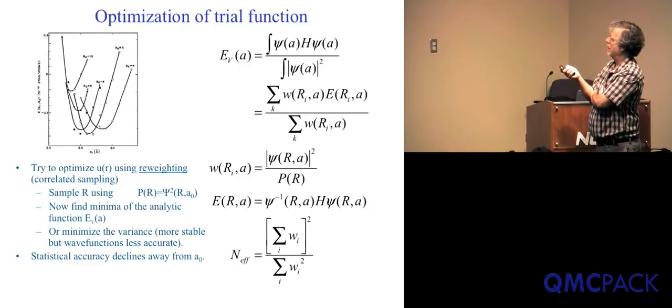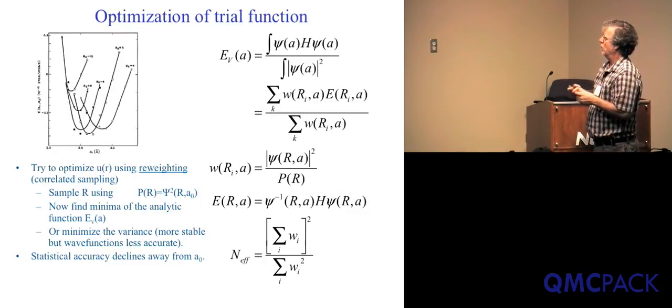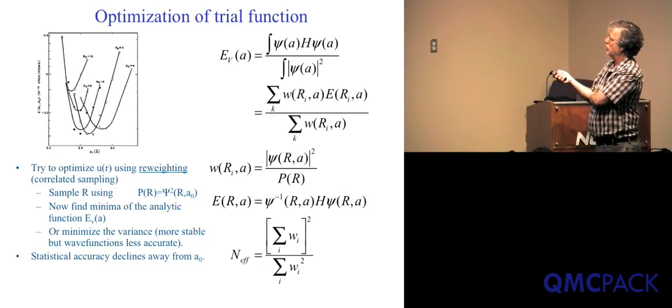The problem is that away from A0, the statistical accuracy declines, so your error bars grow, and the procedure can be unstable. It can fall into a hole, basically, and give you nonsense. But anyway, this is one of the procedures that you can use.